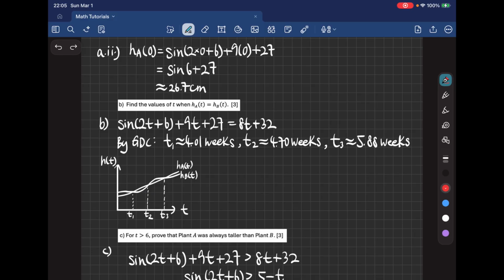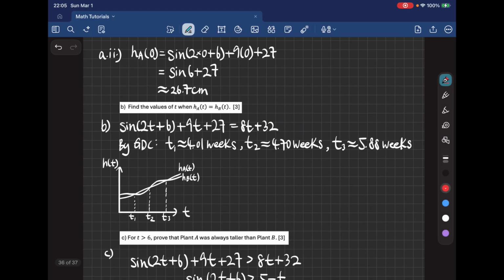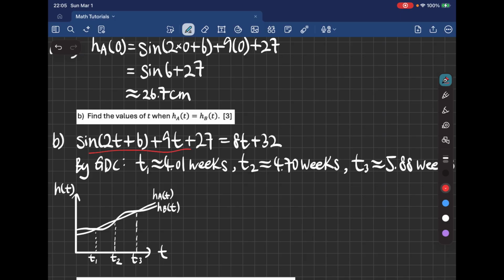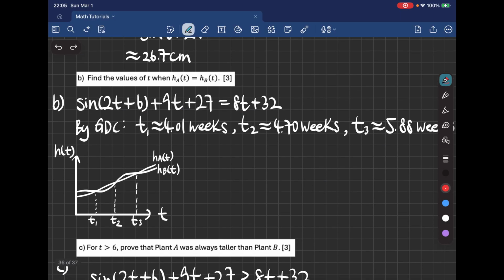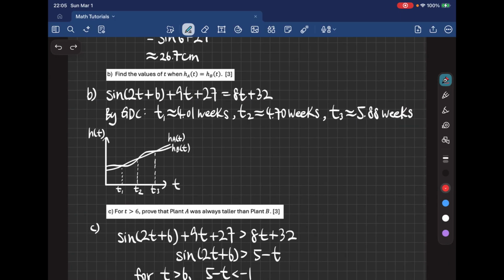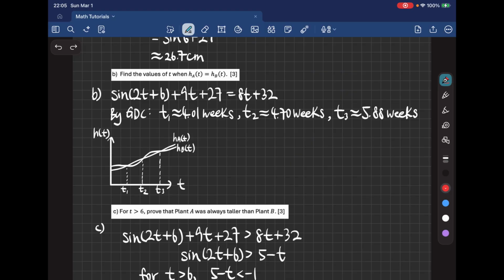And now, this question will require us to use the calculator very carefully. Find the values when these 2 plants are at equal height. That means finding the intercepts using our TI-84. So just write that these 2 functions are equal, and adjust your window, change around your domain and range to see clearly when they intersect. After you do so, you will find that there are 3 t values where they intersect.